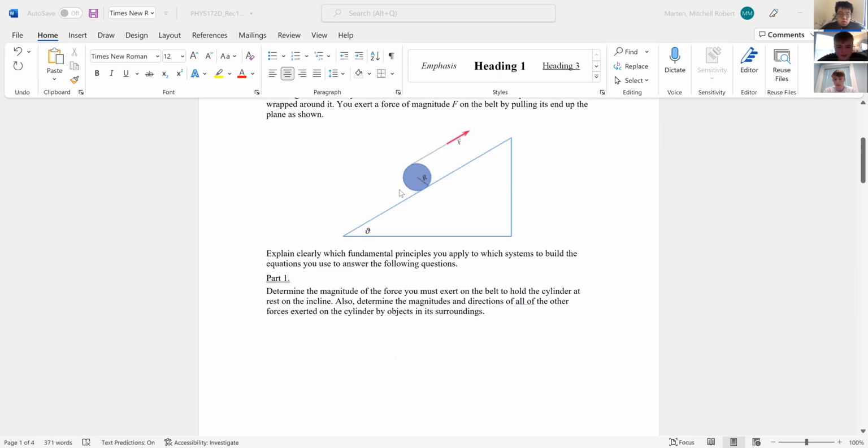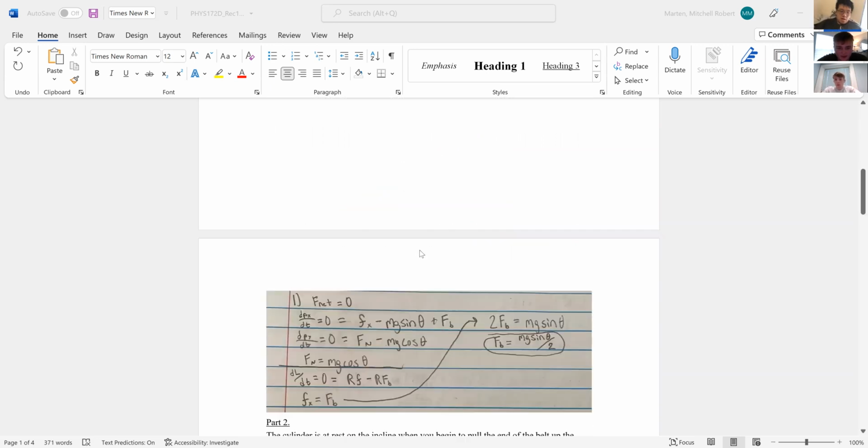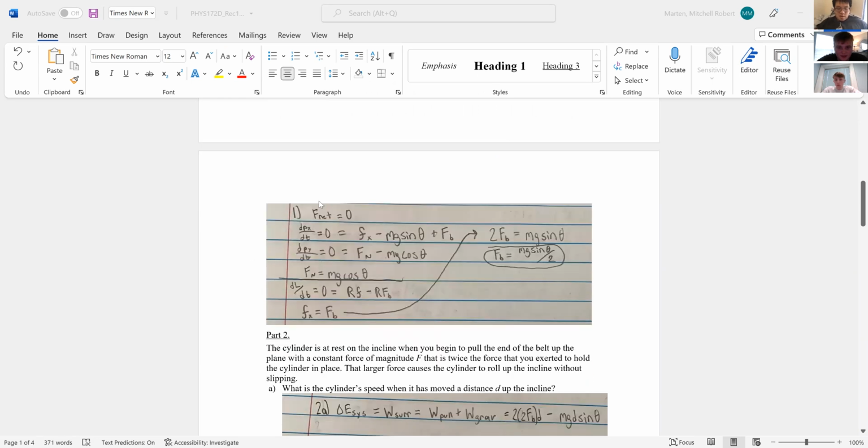So the forces we're going to have are a normal force, a friction force, obviously the force of this string, and then the force of gravity. So that's going to be the four forces acting on it. And so you can see that the net force is going to be equal to 0, because we know the momentum of this object is not changing over time. We're holding it at rest.